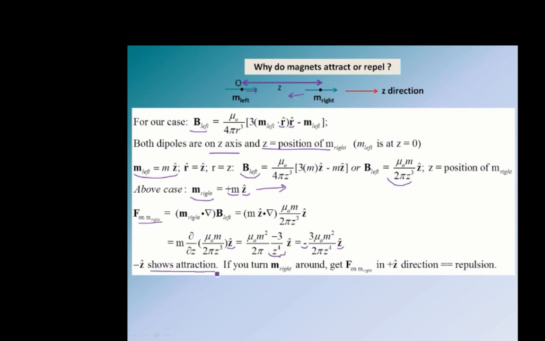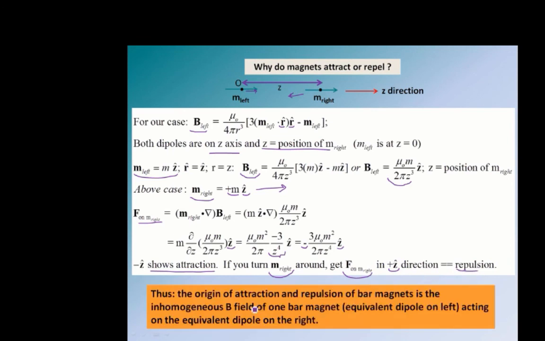It's attracted. And that is the prediction of the grade school theorem, which is that if you have north-south, north-south, it will be attracted towards the other magnet. We can right away say that if you turn one of the dipoles around, you're going to simply flip this, and so the force on m right will be in the plus z direction, and therefore it repels.